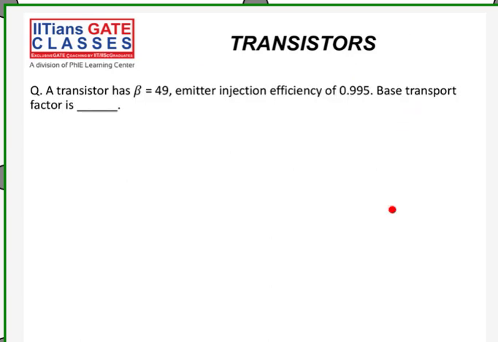Now we have a question based on the previous concept. Based on that concept, I have the value of the transistor beta equal to 49. Emitter injection efficiency they have given, that is 0.995. What they wanted to ask is the base transport factor. Can you give me the answer for this question?